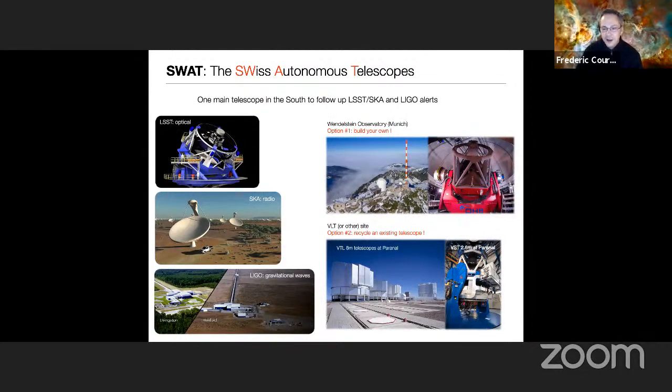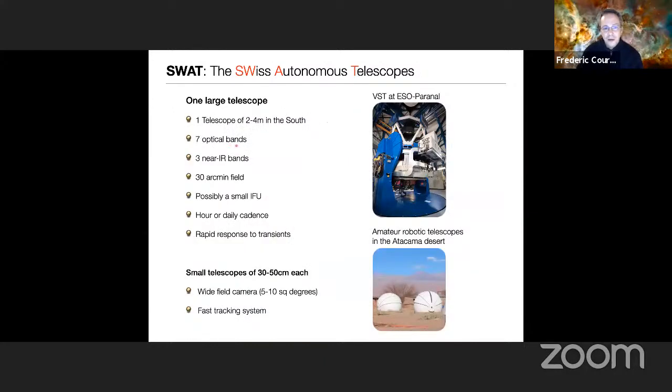Or you can recycle a telescope that exists already. For example, the VST at Paranal will be decommissioned a year from now. So ESO and Italy, because Italy is the owner, are looking for partners to use this telescope, and of course to fund it. So the idea is to have a network of telescopes.